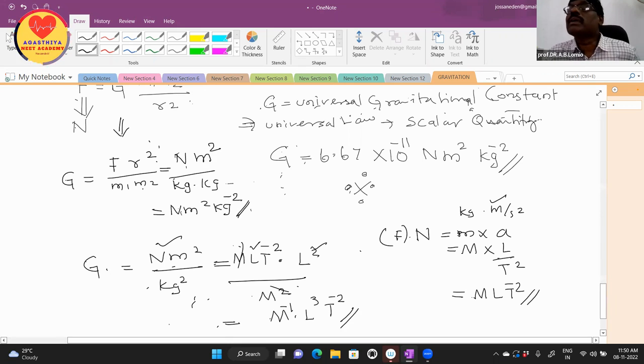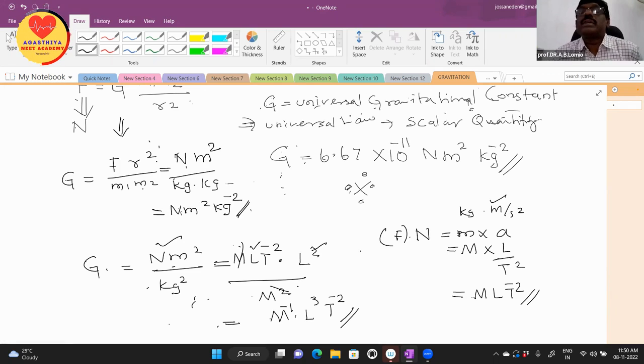This is the fundamental dimension for the gravitational constant, that is, the universal gravitational constant. This is a method of arriving at the fundamental dimension. You have to always remember force is equal to mass into acceleration. For force or for Newton, the fundamental dimension is M L T power minus 2.